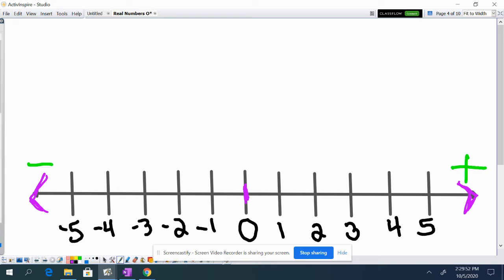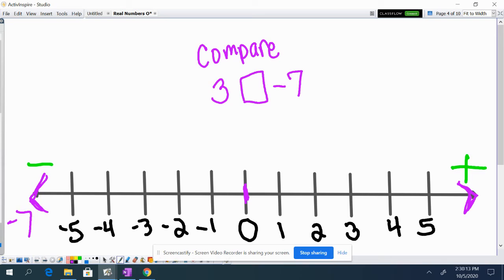If I want to compare a 3 and a -7, you might instinctively say seven's bigger than 3, but -7 is all the way down here, and your 3 is here.